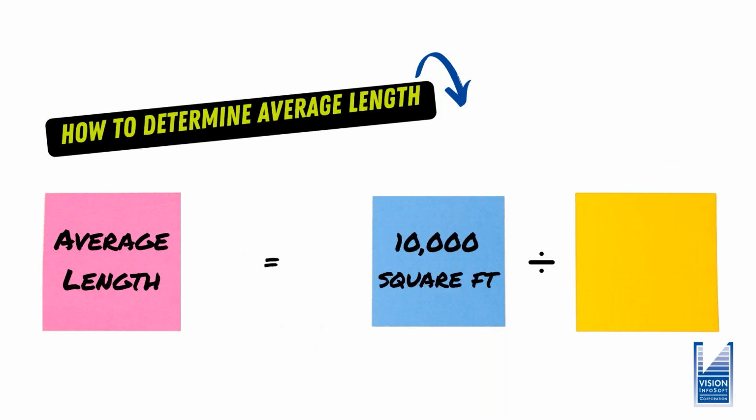So in an example here where we've got a 10,000 square foot building and you've got 100 electrical points, again, receptacles, switches, light fixtures, you divide the 10,000 by 100.